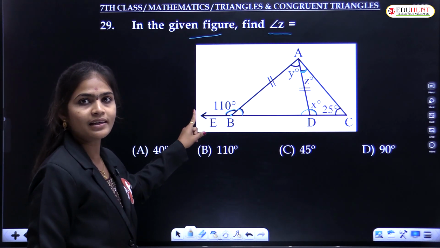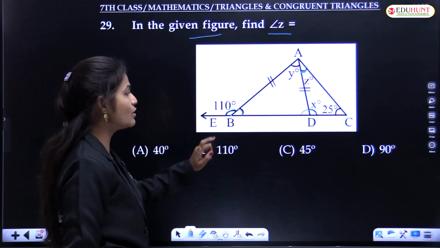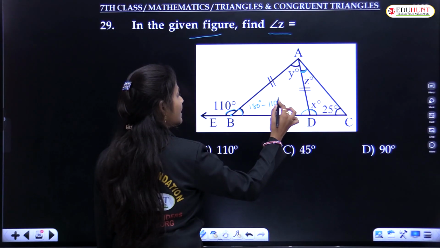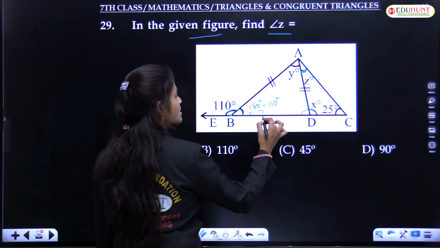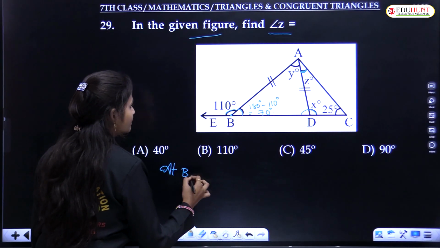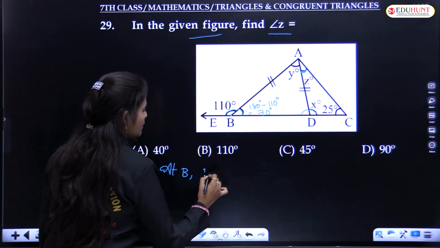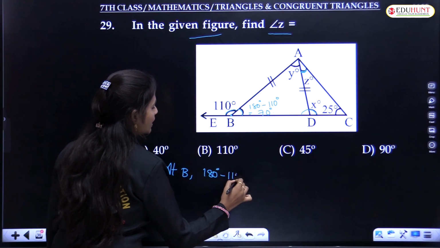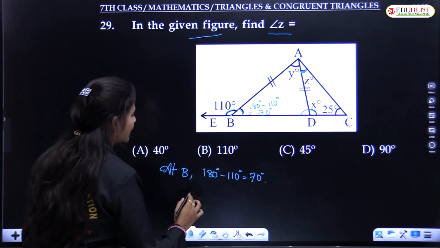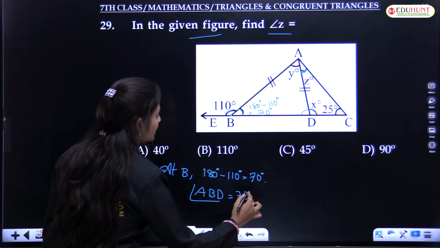One of the angles is given, so we can find the other angle. One angle is 110 degrees, so the other angle is 180 degrees minus 110 degrees, which is equal to 70 degrees. So angle ABD is equal to 70 degrees.